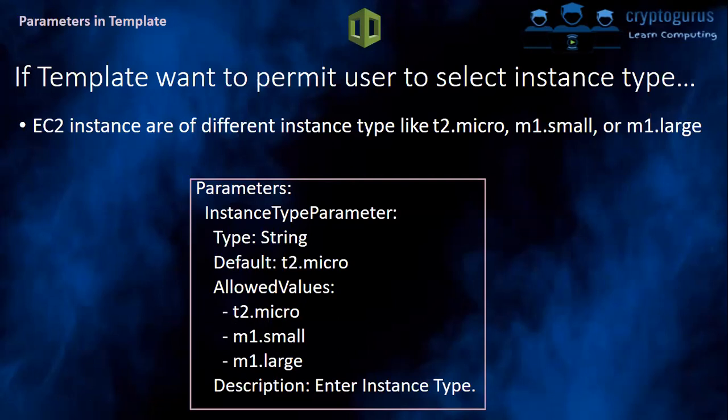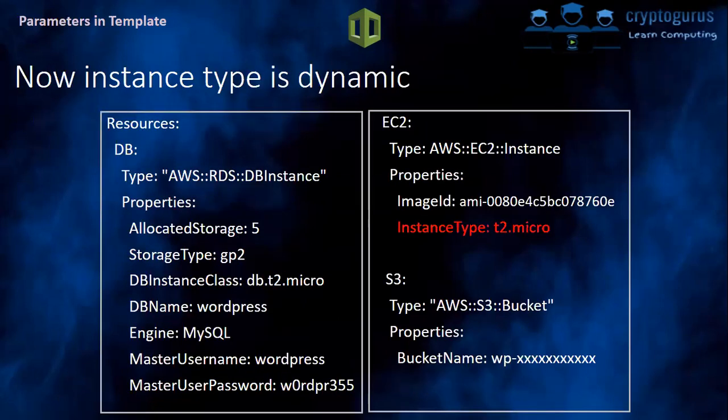Now here you can see where the change would be. If you recall the template that we created earlier, we had hard coded the instance type like this, T2 micro. But we want this to be dynamic, which means this value should come from the user selection.